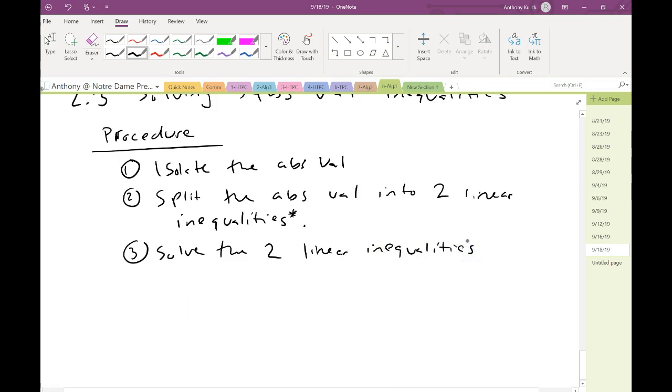The third step is still the same. We're going to solve each of those two linear, in this case, inequalities separately. The fourth step is different, though. We're not going to be checking absolute value inequalities. What we're going to do is graph the two solutions on the number line.